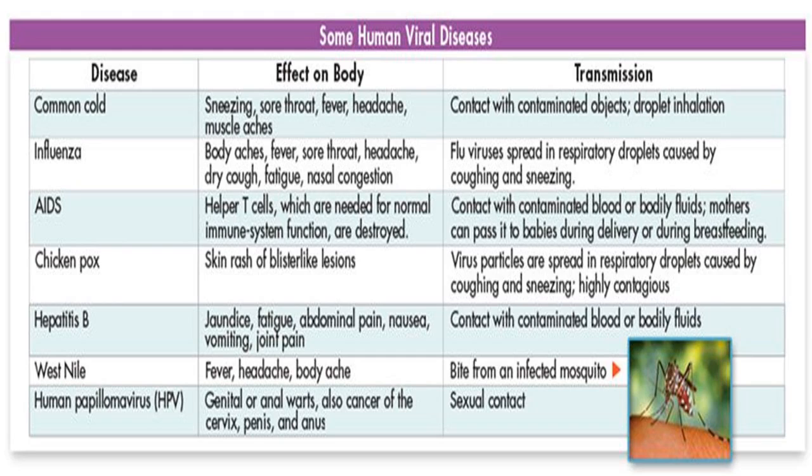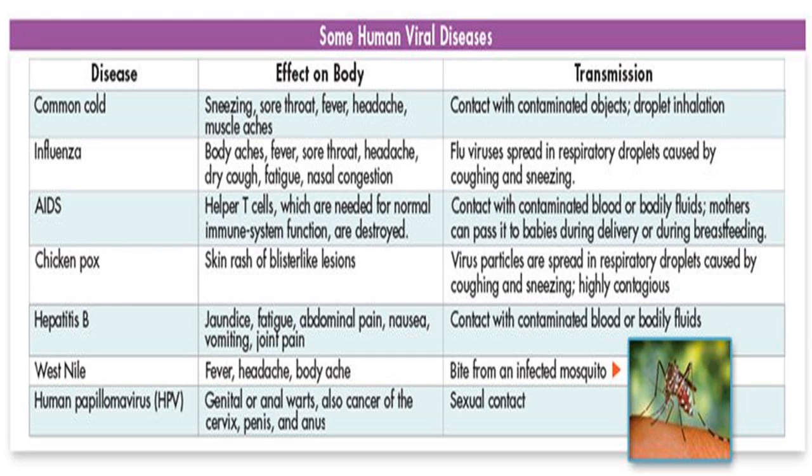Influenza, when a person has influenza, shows symptoms like body aches, fever, sore throat, headache, dry cough, fatigue, and nasal congestion, and it is transmitted through the flu viruses when they cough or sneeze, almost similar to the corona. AIDS is another important, dreadful viral disease, where once the person is affected, the immune system is destroyed, and this is through sexual contact.